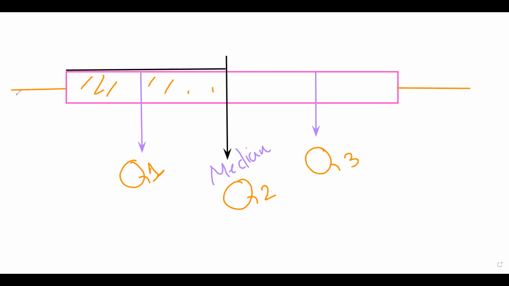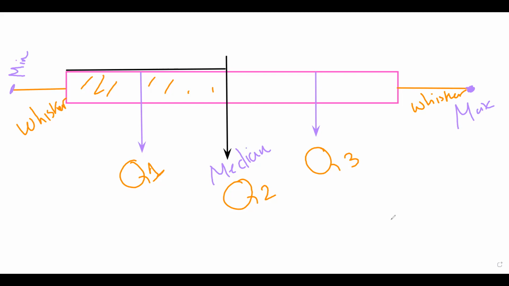These two lines we call whiskers. The point where the first whisker starts, we call the minimum. This is the minimum point in the data. And the point where the whisker ends is the maximum point in the data.